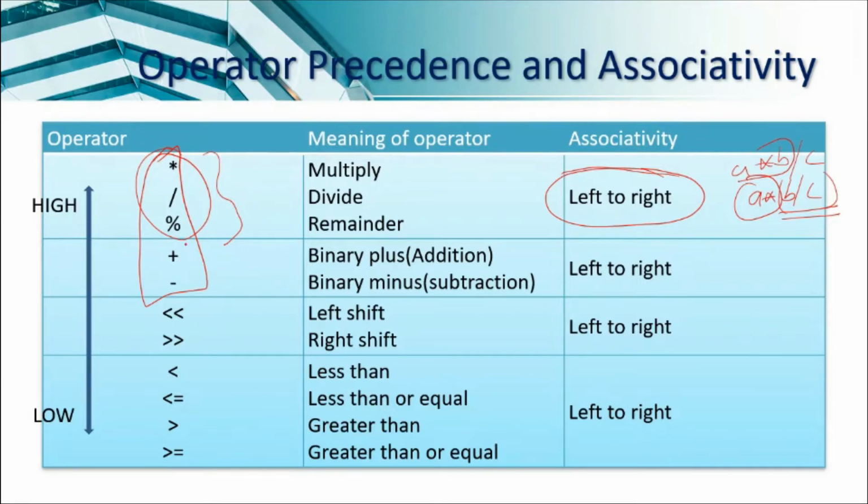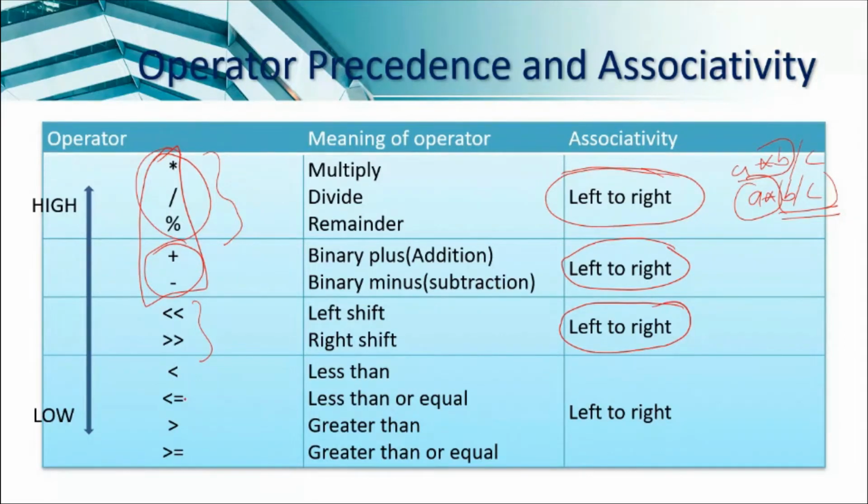Then the plus and minus, the binary plus as well as minus, that is the addition and subtraction operations. Both these operators have the same precedence, and their associativity is also left to right. Then the left shift as well as right shift have the same precedence, and their associativity is left to right.